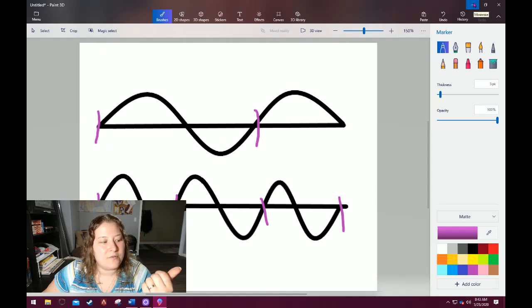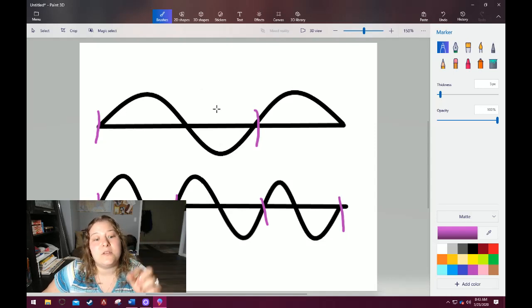So just a review, we have the crest of the wave, we have the trough of the wave, we have what a whole wavelength is, and we have that the amplitude is from the baseline, the medium at rest, the original calm material, to the crest.